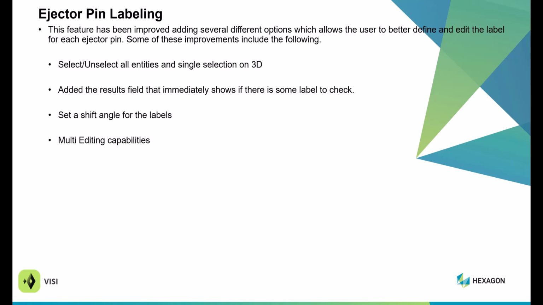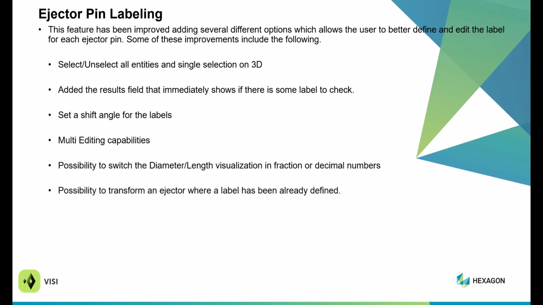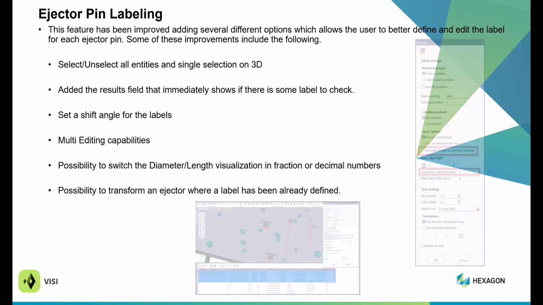You have the ability to do a multi-edit of labels, so if you have multiple different labels that need to be checked, you can do the edit on more than one at the same time. It is possible to switch the diameter and length to a fraction or a decimal place value, and it is possible to transform the ejectors and have the ejector pin labeling update automatically.